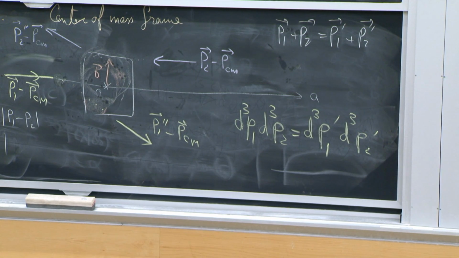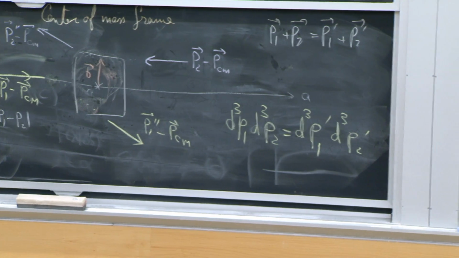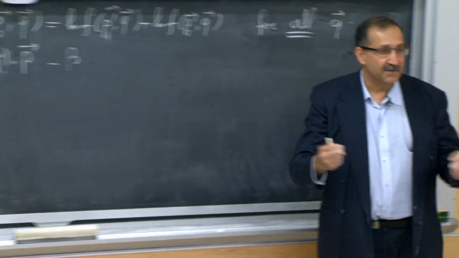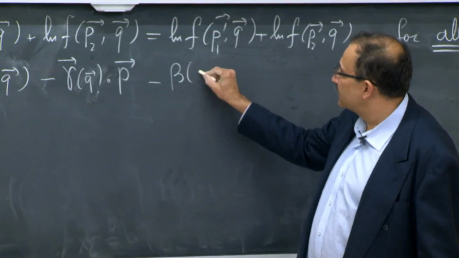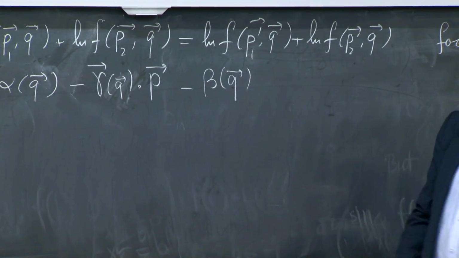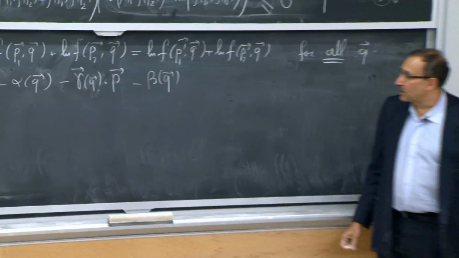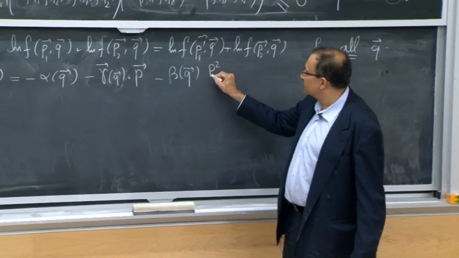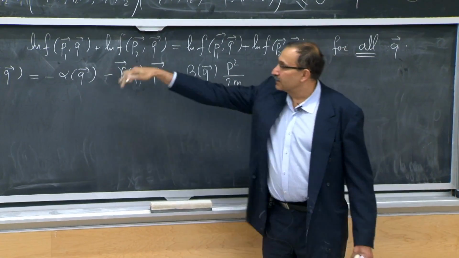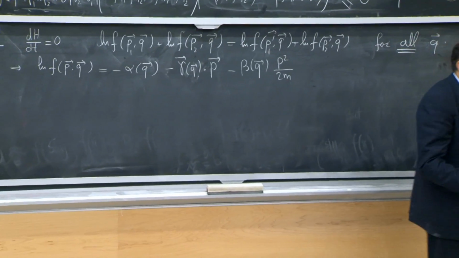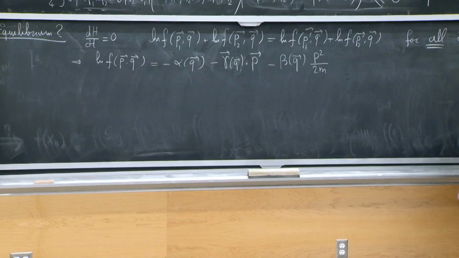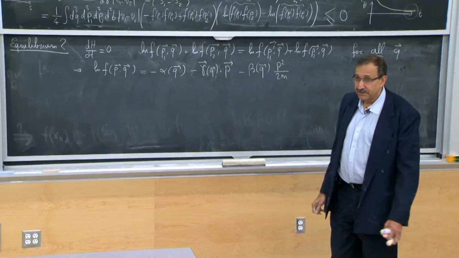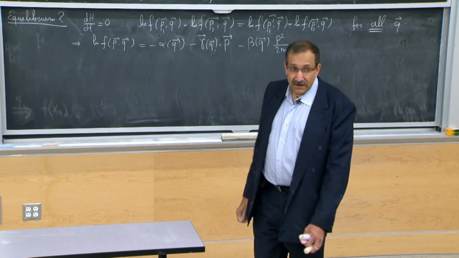And finally, energy, kinetic energy, is conserved. Once I'm away from the location where the interaction is taking place, I can choose any function of q, multiply it with p squared over 2m, and then on the left-hand side, I would have the sum of the incoming kinetic energies. On the right-hand side, I would have the sum of outgoing kinetic energies. So what have I done?